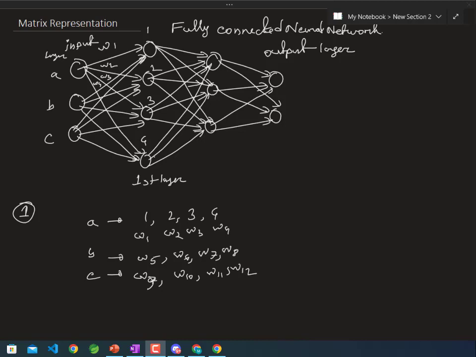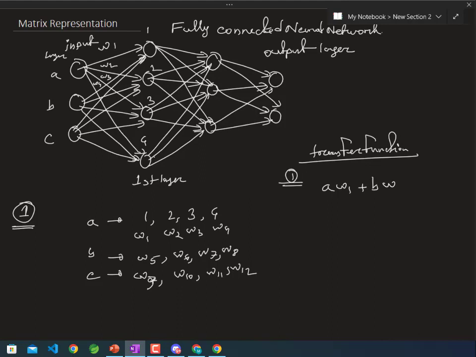If we consider only the first neuron, the equation of its transfer function, the incoming input of 1, is AW1 plus BW5 plus CW9.